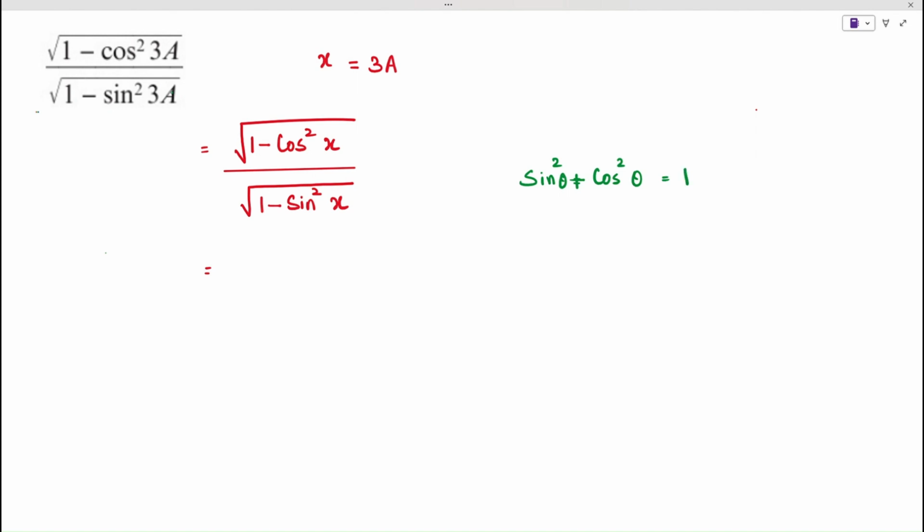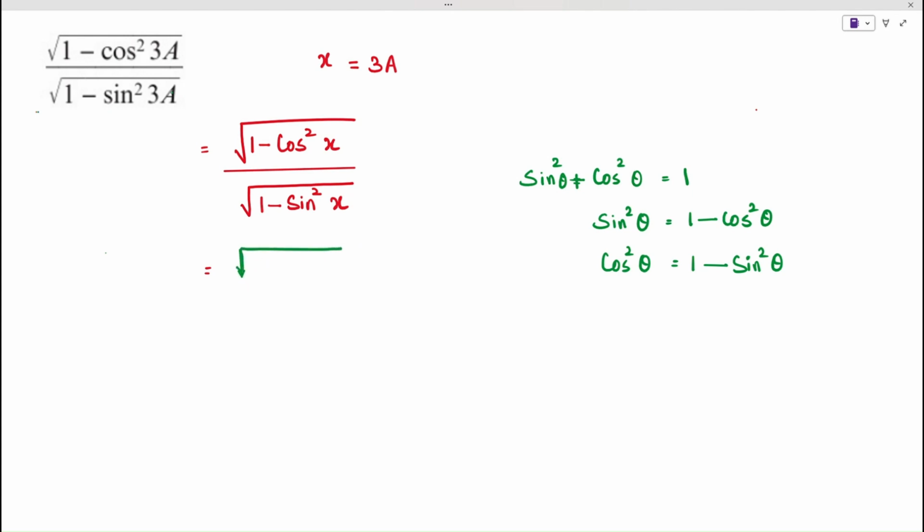In the rearranged forms, we had sine squared theta is equal to 1 minus cos squared theta, and cos squared theta is equal to 1 minus sine squared theta. If you look in both of our roots, we have 1 minus cos squared theta and 1 minus sine squared theta.